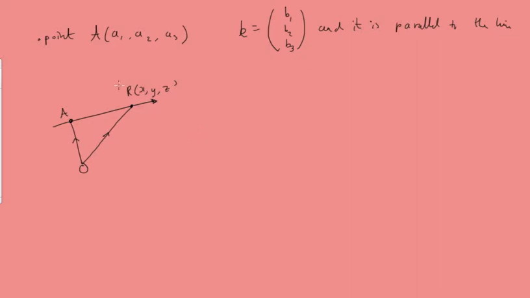Now, R is a point on the line, so this is OR, but we can also represent OR by OA plus AR.